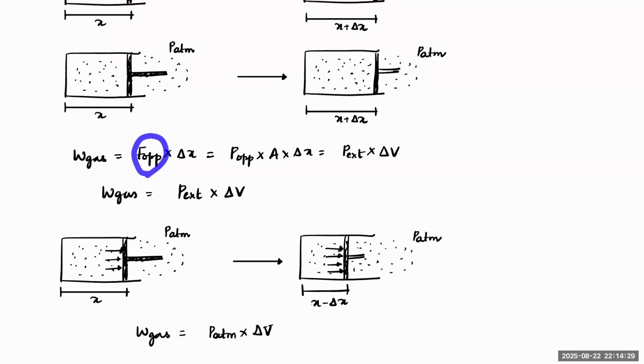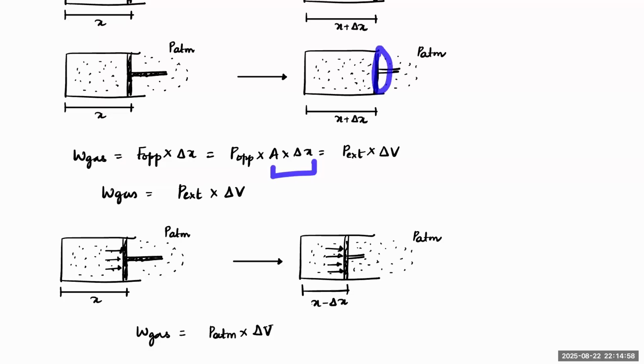And the opposing force can be written as pressure into area, where A represents the cross-sectional area, because force is always equal to pressure into A. Therefore, pressure into A into delta X. What is A into delta X?